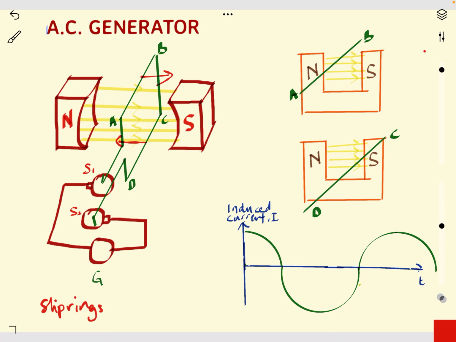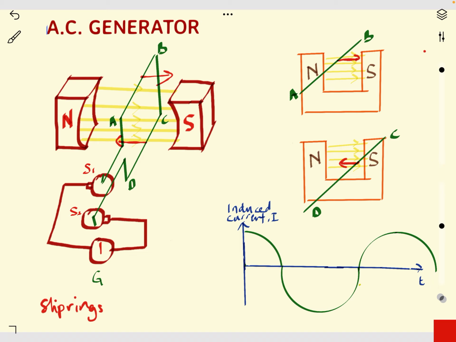So AB is moving parallel to the magnetic field, so it doesn't cut the magnetic field, so there is no induced current. For CD also, there is no induced current. In this case the galvanometer will be 0. When it is 0, the pointer will be vertical. That is the position for 0 voltage or current, 0 induced current for the galvanometer.